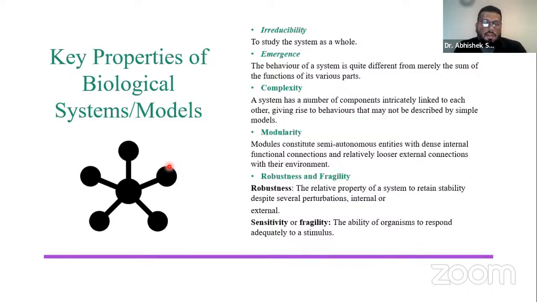That can cause a disease. So that's what is robustness and fragility, and it is another important aspect. Then there is evolvability also, evolvability of systems. That is another property of biological systems.